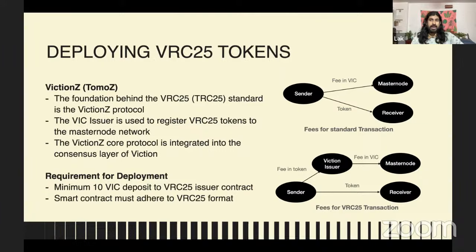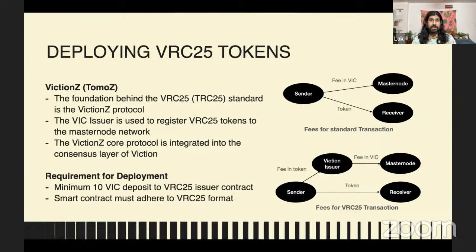This is actually what changes the fee structure on the infrastructure level. The Viction issuer acts as an intermediary between the token and the masternode infrastructure. So if we want to deploy a VRC25 token, the owner is required to deposit a minimum of 10 VIC to the VRC25 issuer contract.